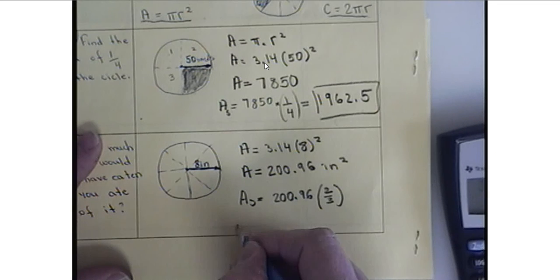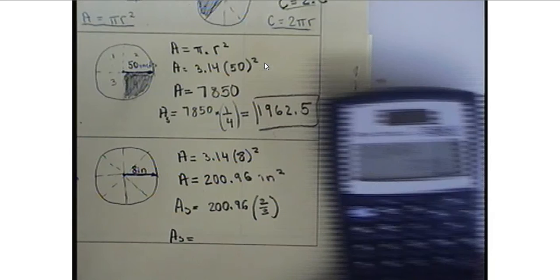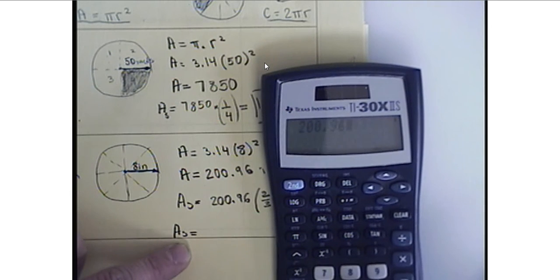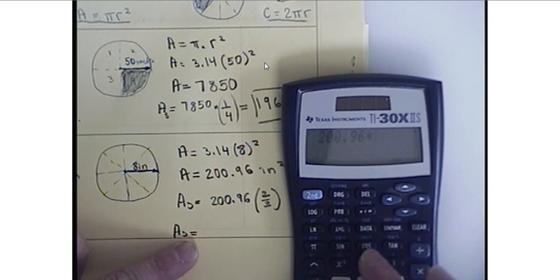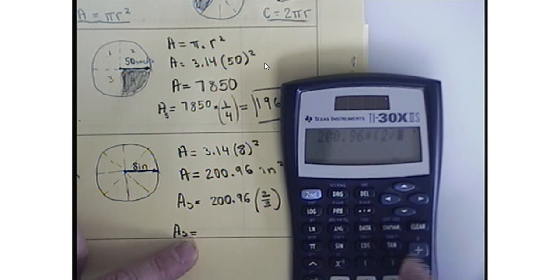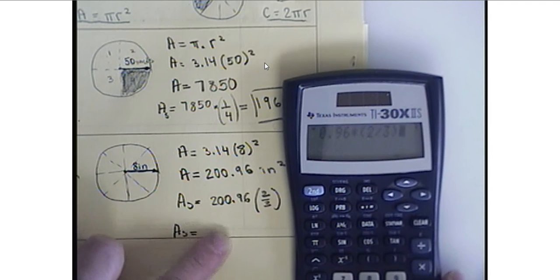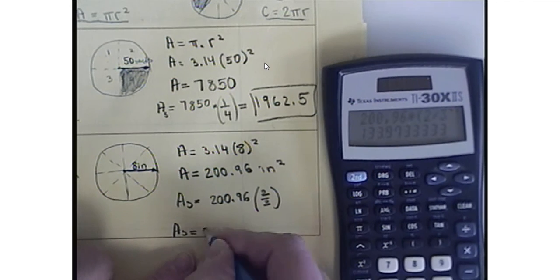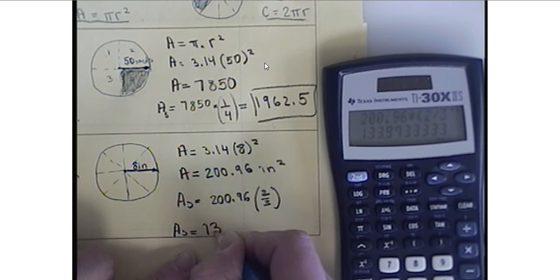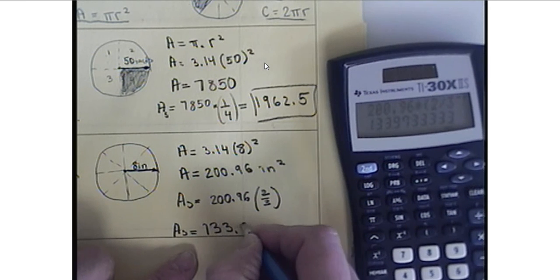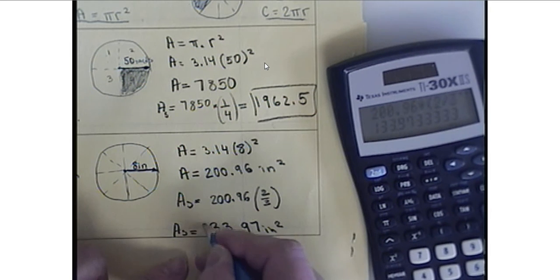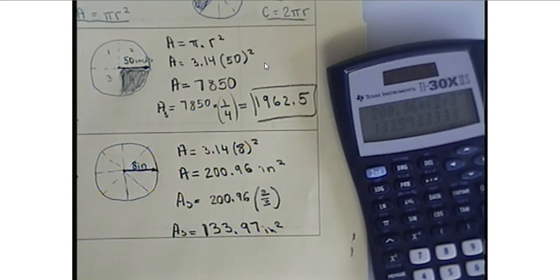So the area of the sector is equal to 200.96 times, inside the parentheses we will put 2 divided by 3. That's how we write 2/3. So that will be approximately 133.97 square inches for 2/3 of that part.